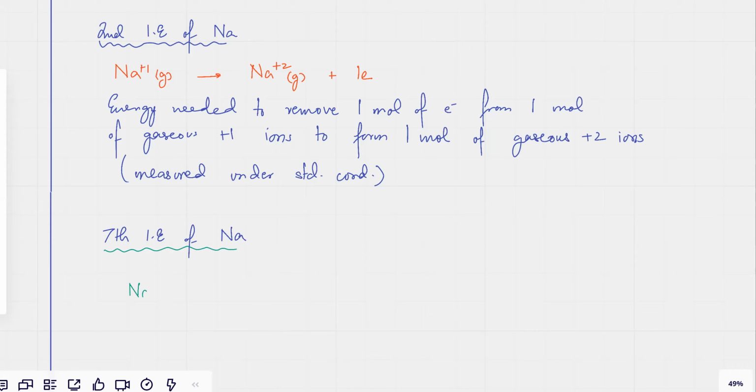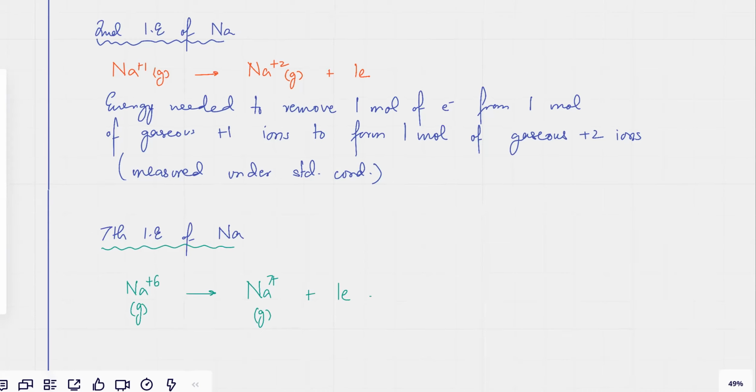Sodium has already lost 6 electrons. Now you're trying to remove the 7th one. So it's going to be sodium with 6 electrons already removed, and now it's going to become sodium 7+ with 1 electron lost.